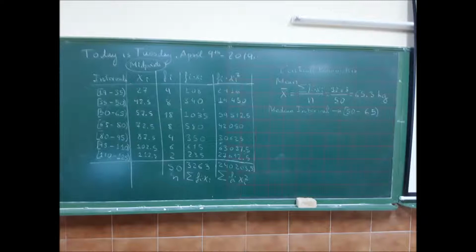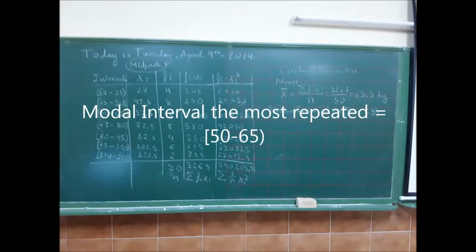So we can count the frequencies, and we can see that the 25th and the 26th data are in this interval, an interval from 50 to 65. So now we find the modal interval. That's easy because it's just the interval with the highest frequency. So it's the same as the median interval. It's the interval from 50 to 65.